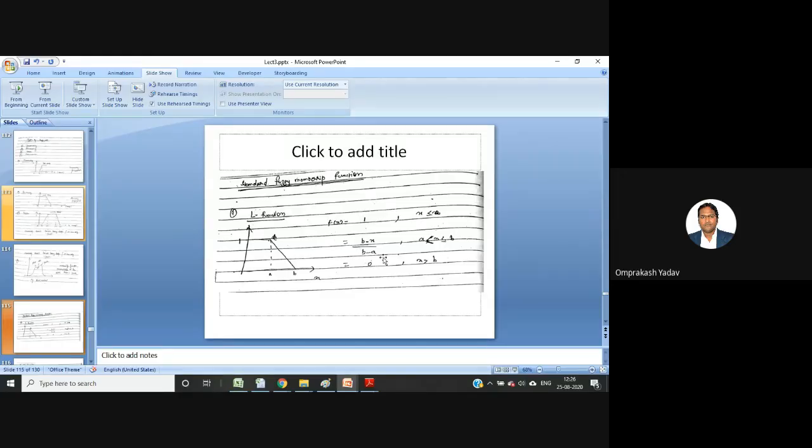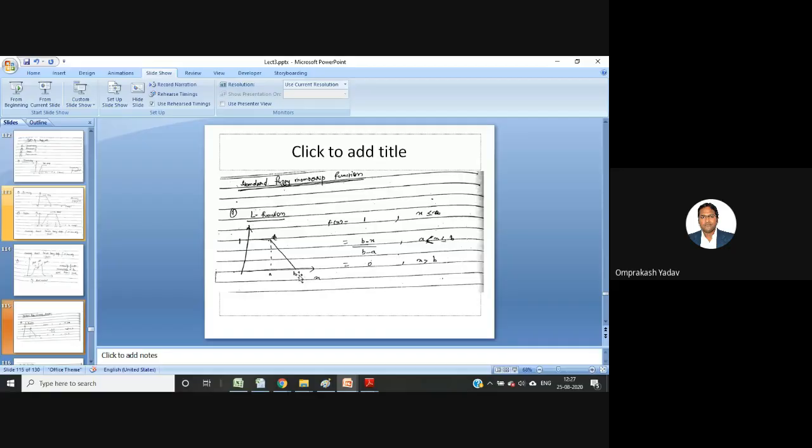Then when the value of x is between A and B, what will be the equation? For this kind of equation, I have already taught you that you first identify whether it is a decreasing line or an increasing line, and then you can directly write the equation. This line is a decreasing line. The variable is x.